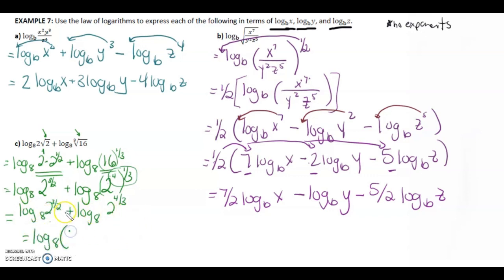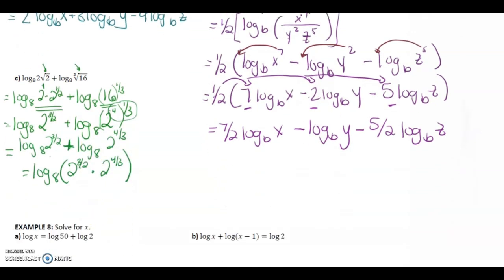Because they're added in between, we can write this as 2 to the 3 halves times 2 to the 4 thirds. And without doing much math and just going straight onto my calculator, I'm going to do 3 halves plus 4 over 3, and I'm going to get 17 over 6.